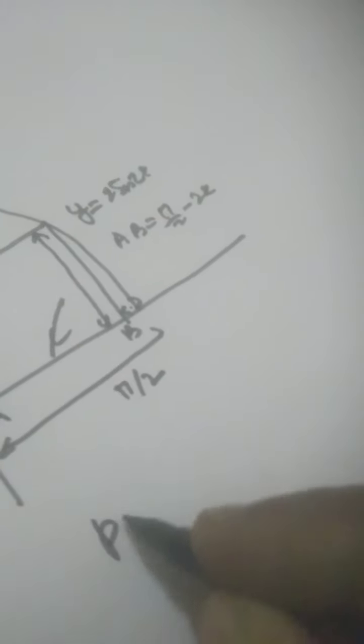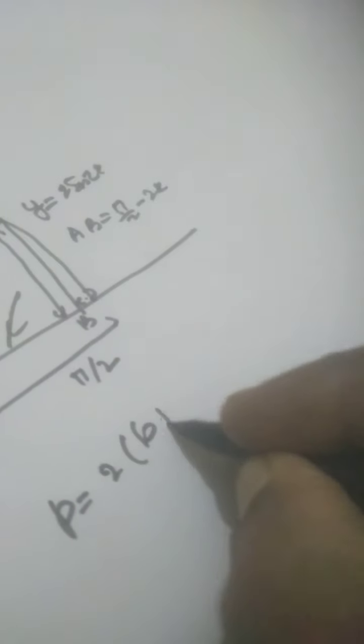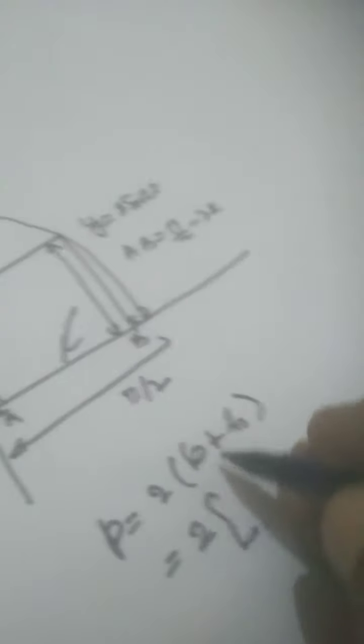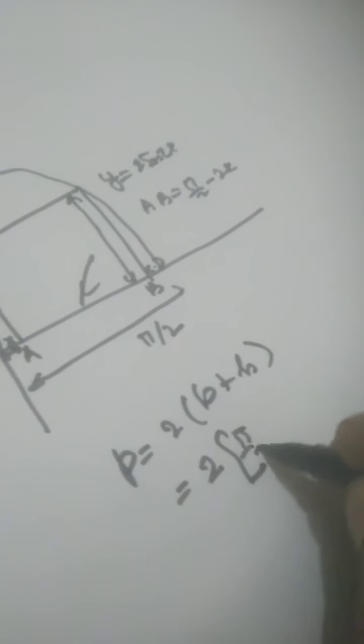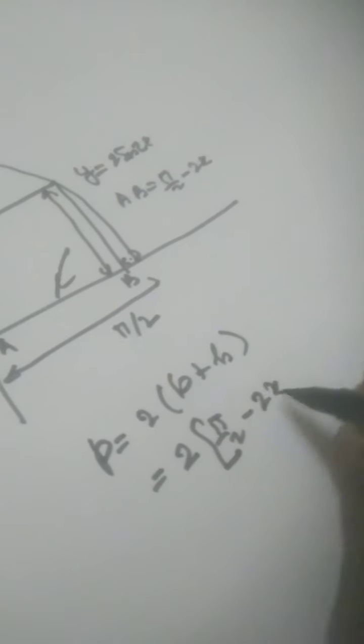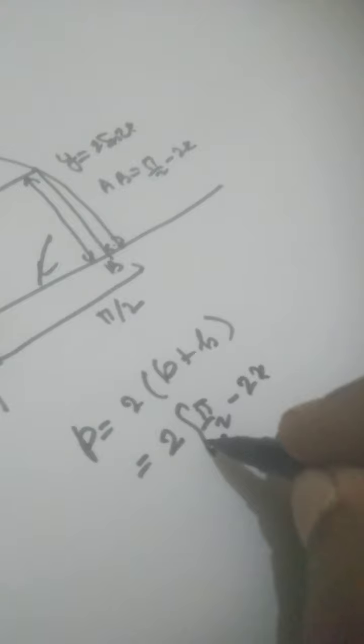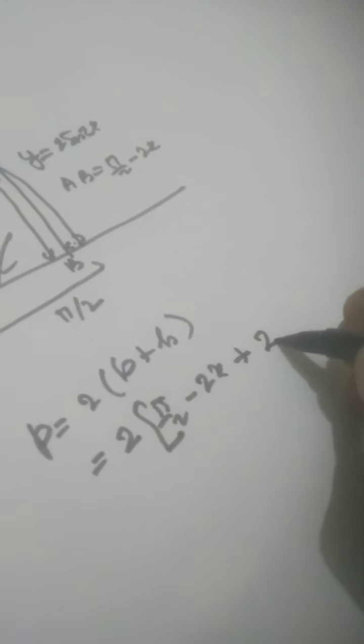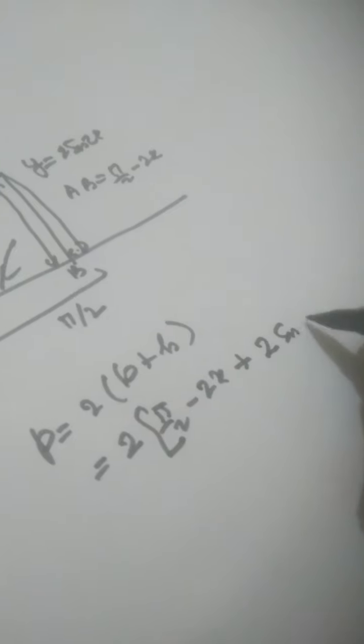What is the height here? The height follows the same equation, y equal to 2 sine 2x. The perimeter will be twice the base plus height. The base is pi by 2 minus 2x, so twice the base is added, and the height is 2 sine 2x.